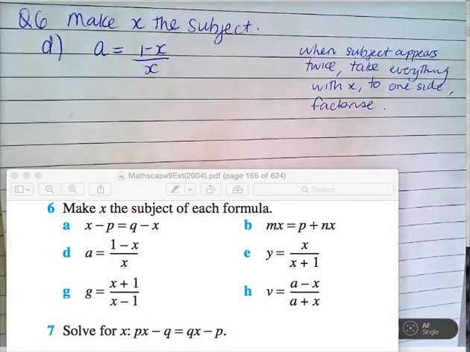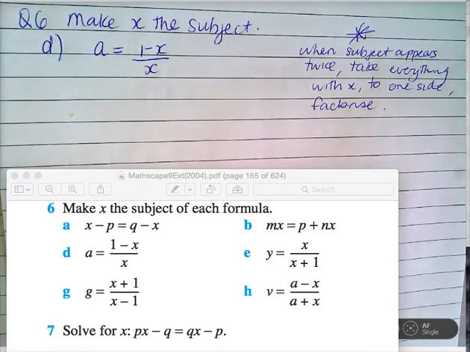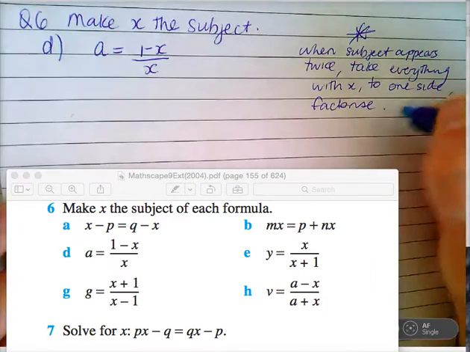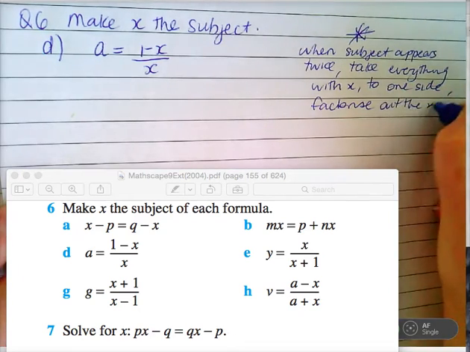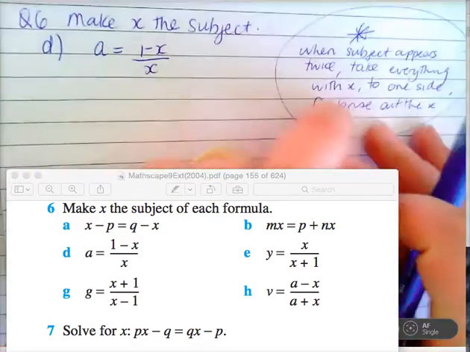Your aim is to have all the x's together, and then you factorize out the x as a common factor, and it will only appear once. That's what you've got to do eventually.